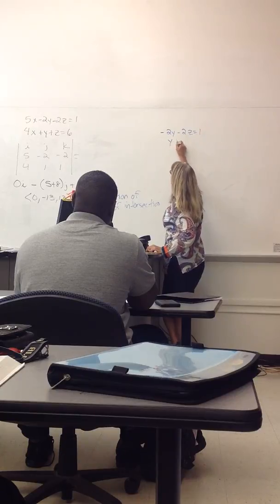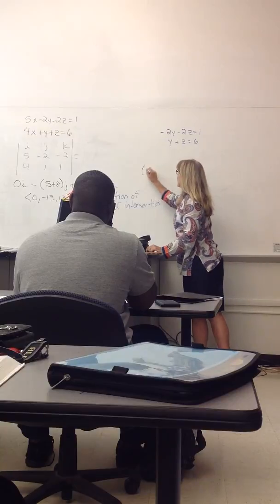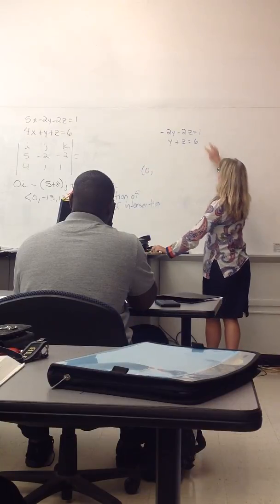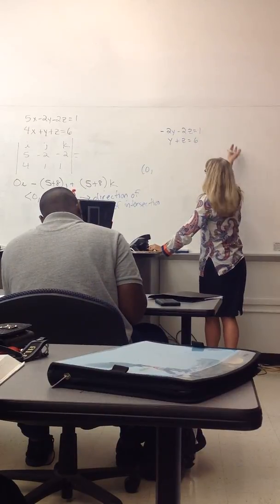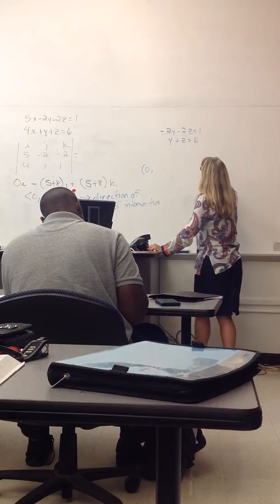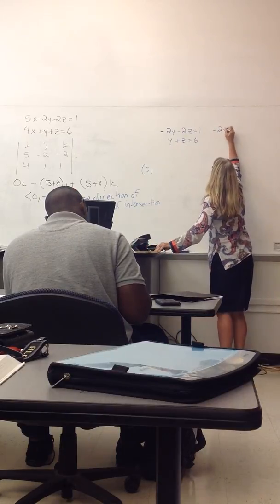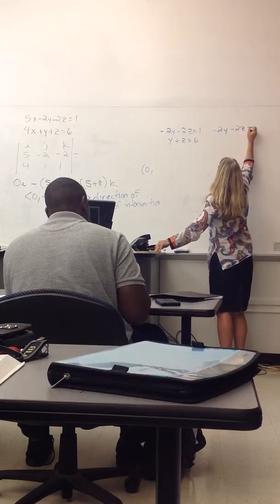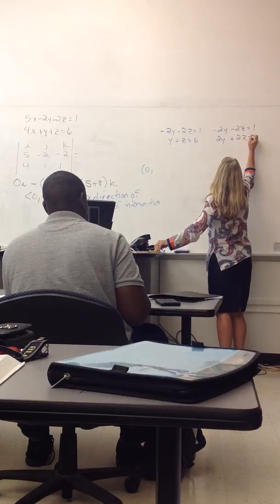and I would get y plus z equals 6. So assuming my point has x equals 0, I get these two equations, and you can solve them however you would like. I think I will multiply this one by 2, and so I will get 2y plus 2z equals 12.